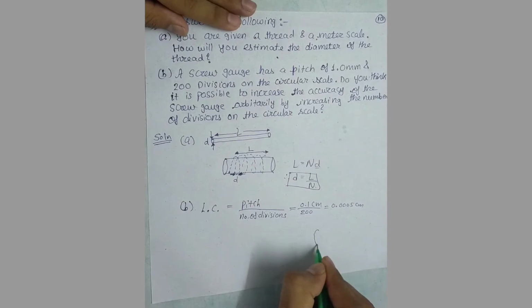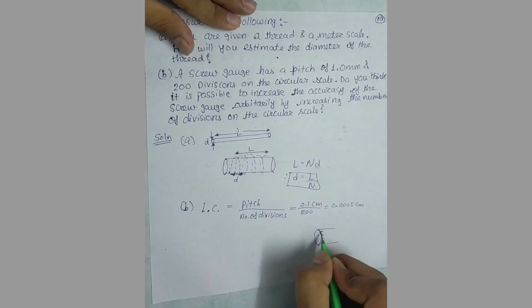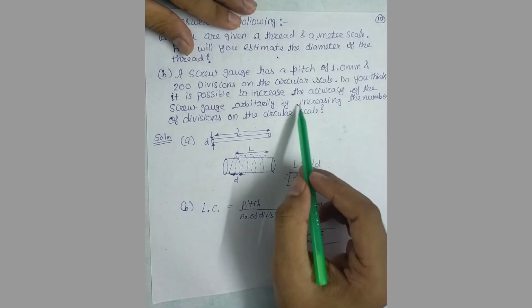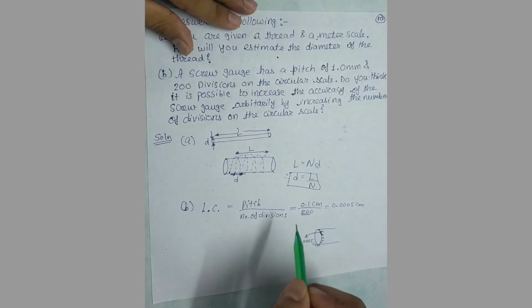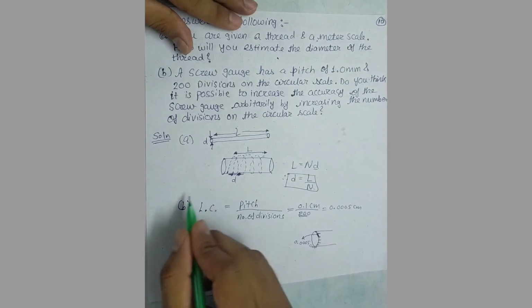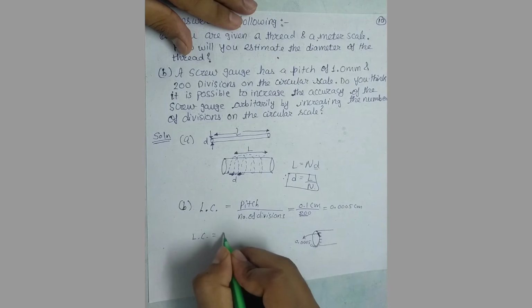If you see a circular scale, in this particular case one division of the circular scale for a screw gauge will be equivalent to 0.0005 centimeter. But if I arbitrarily increase the number of divisions, for example, taking 1000 divisions, in that case the theoretical value of the least count will decrease. The least count will become 0.1 centimeter divided by 1000.